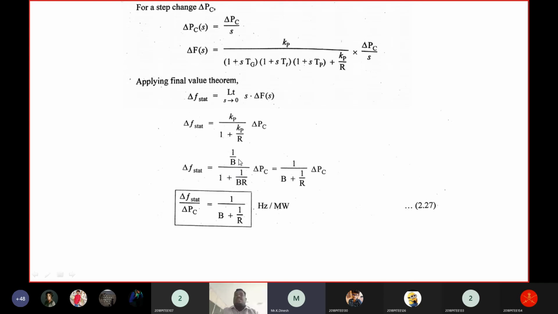Dividing and multiplying both sides by B, I get 1 divided by B plus 1 by R times del PC. So del F by del PC equals 1 divided by B plus 1 by R, hertz per megawatt. So this is the final expression for your controlled case.